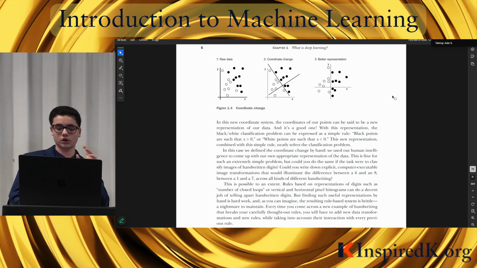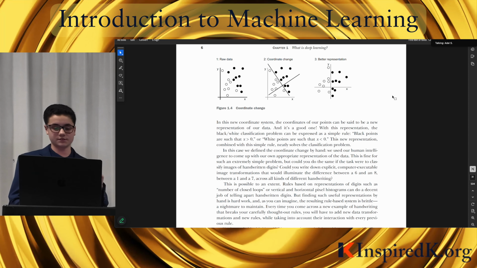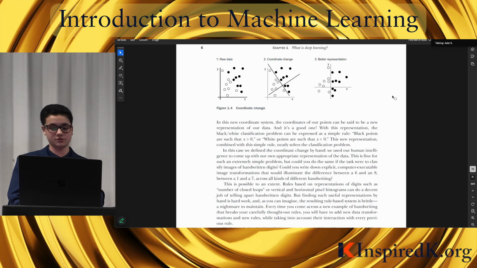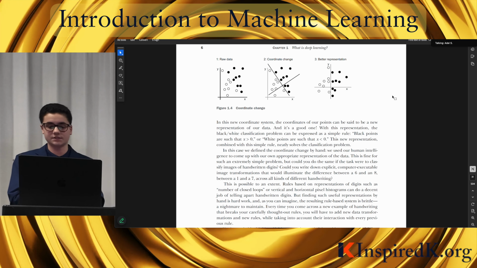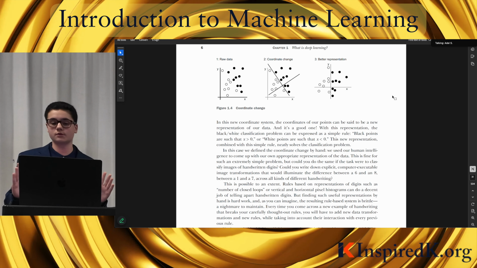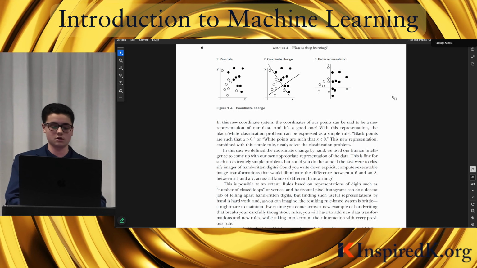However, if you think about more complex tasks, such as classifying handwritten numbers, it would be much more difficult to change the more brittle rules of classifying the difference between a 6, an 8, a 1, and a 7, and all the other handwriting styles and numbers that there are.